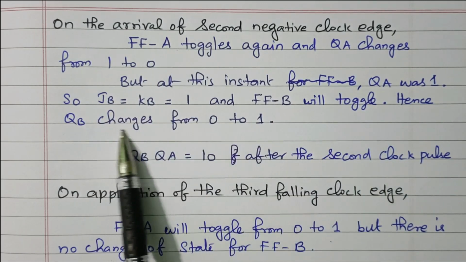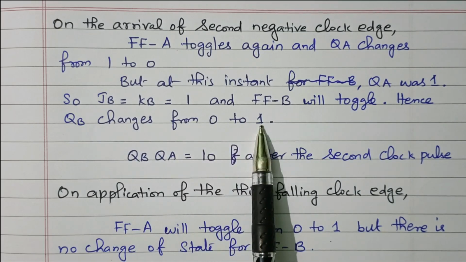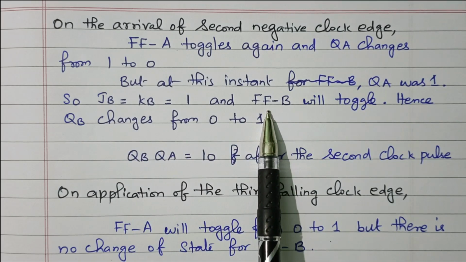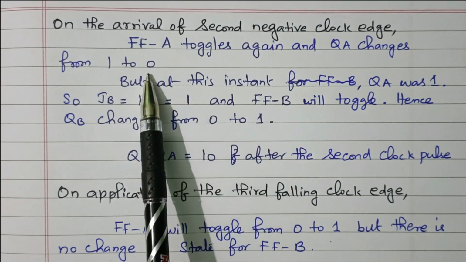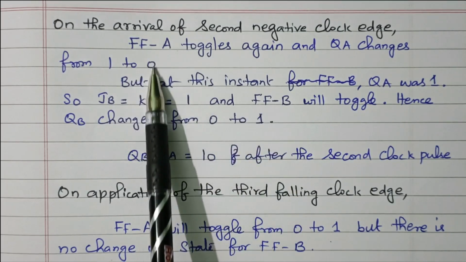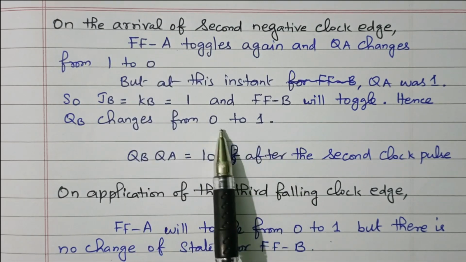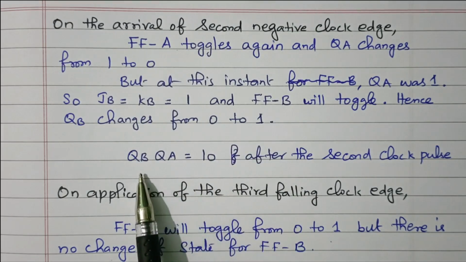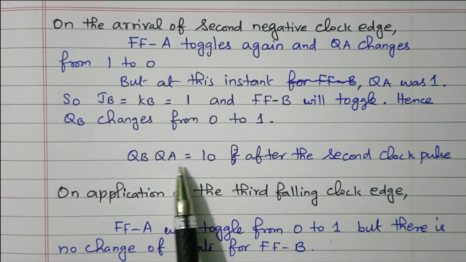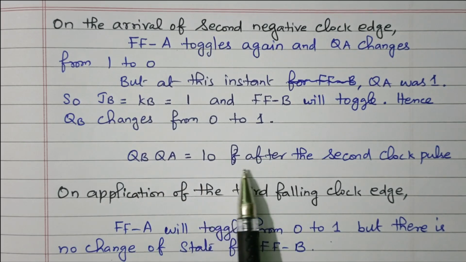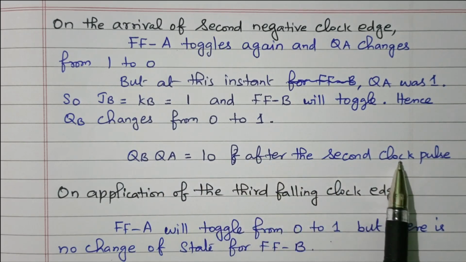Hence QB changes from 0 to 1. Because of this negative edge, flip-flop B will toggle from 0 to 1. Now the status QB QA is 1 0. Initially 0 0, 0 1, now it becomes 1 0 after the second clock pulse.